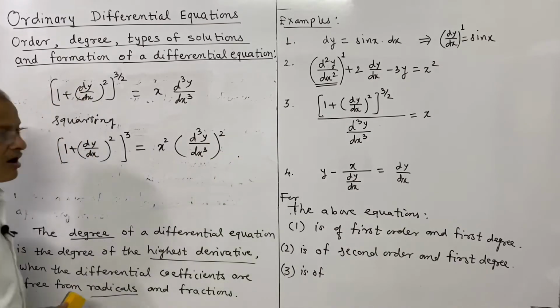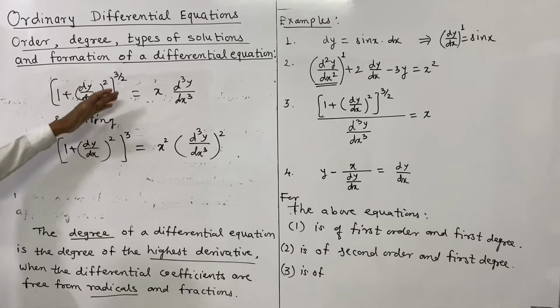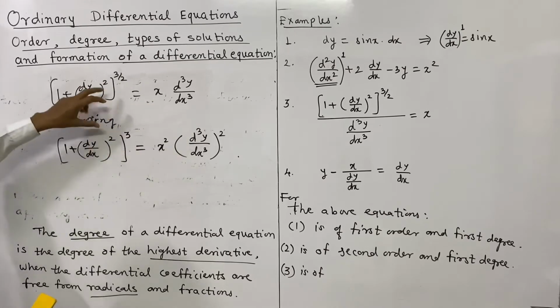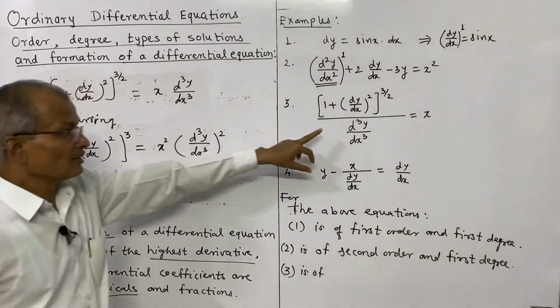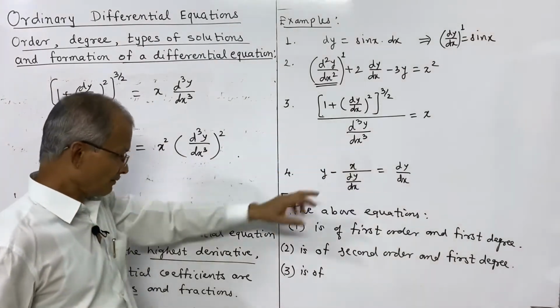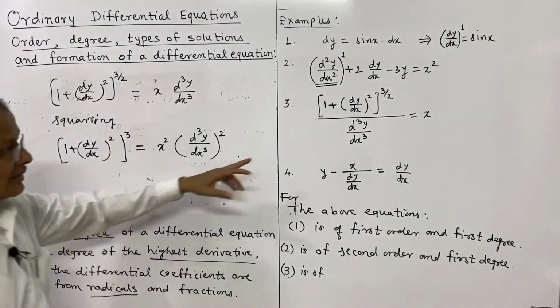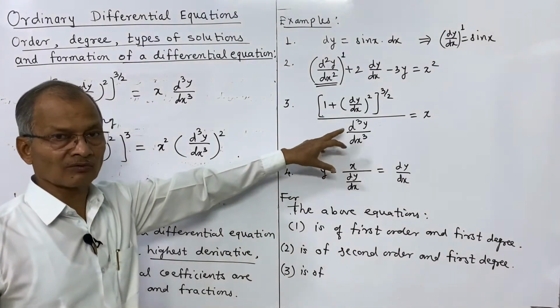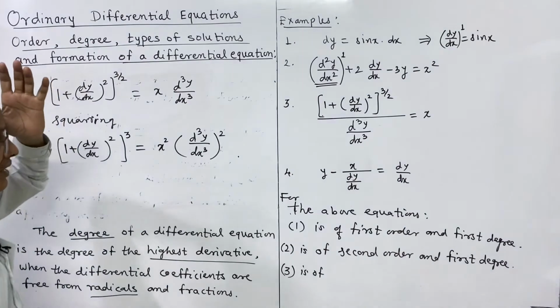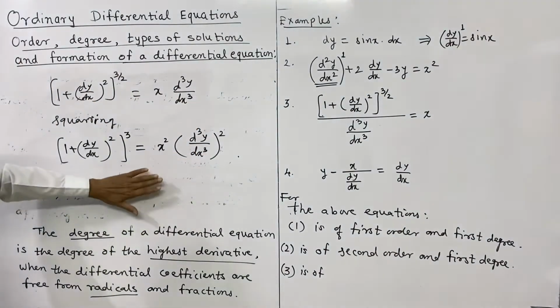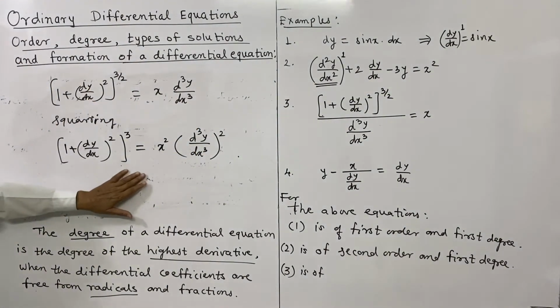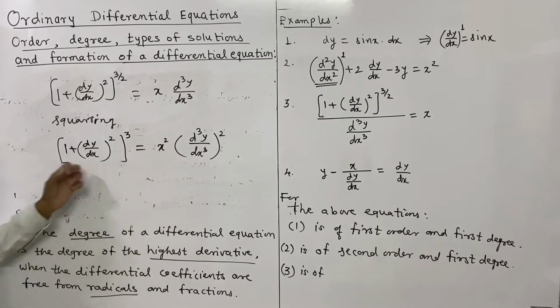Now observe this equation. It is better to write the equation free from radicals and fractions. Terms in the denominator we should write in the numerator on simplification. And now we can decide the order and degree of this equation.